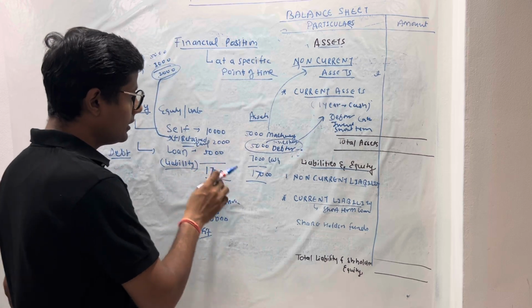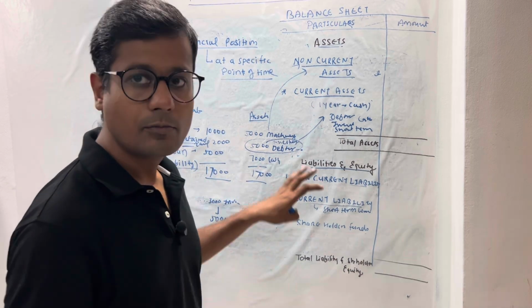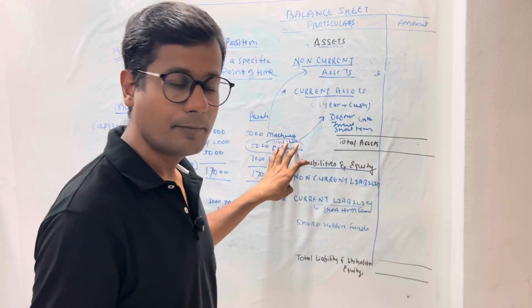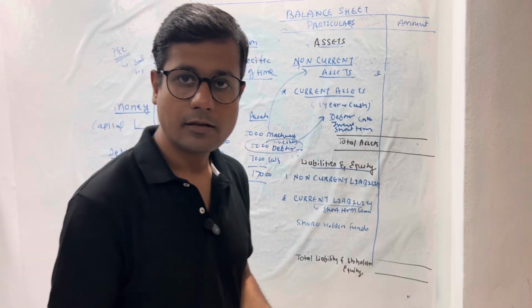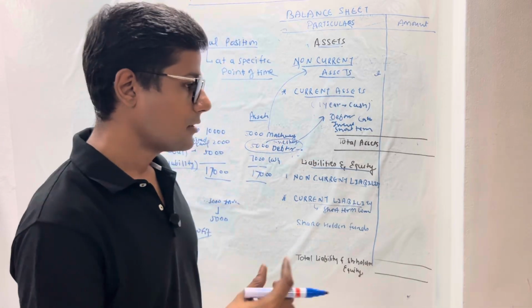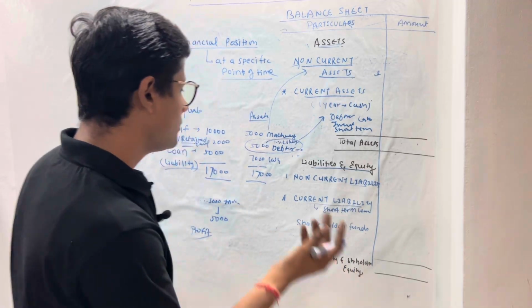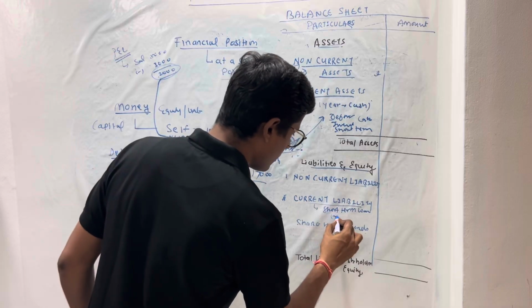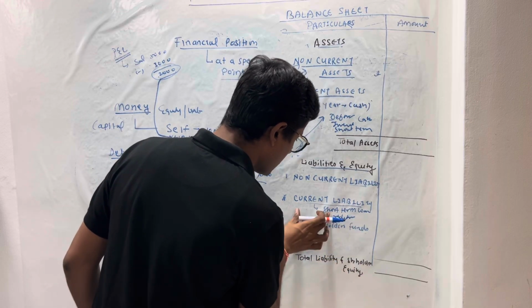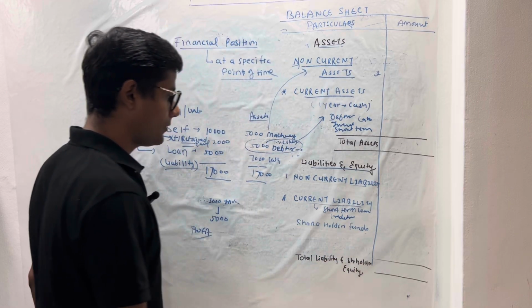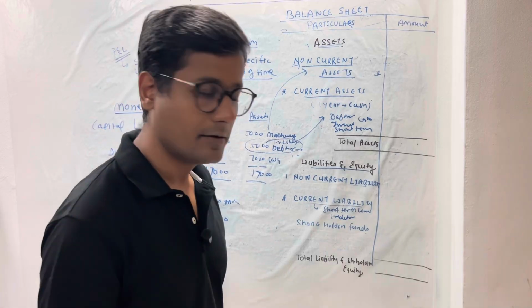Here we haven't taken the example, but let's say whatever material or goods you have bought on credit, there will be some creditor. Creditors are generally to be paid within 30 days, 60 days or 90 days, right. So those creditors would be considered as current liabilities, right, which need to be paid within 1 year.